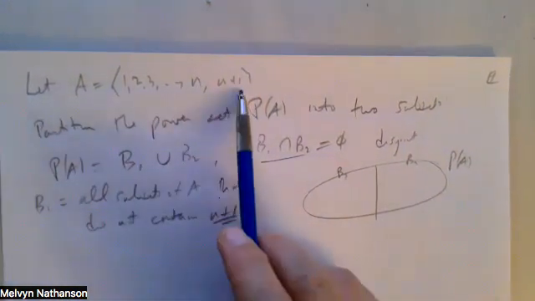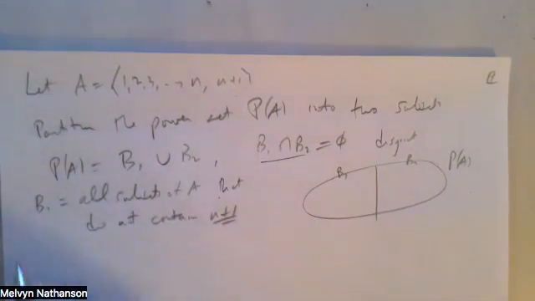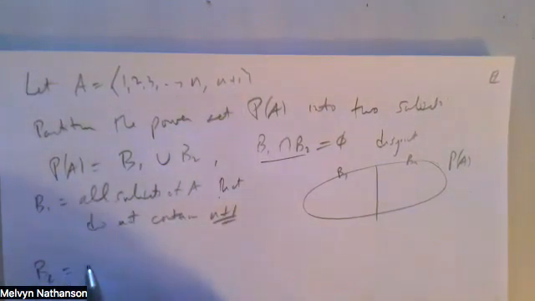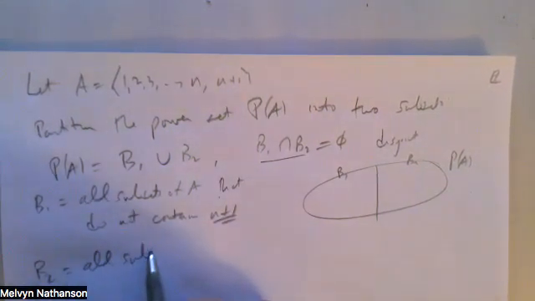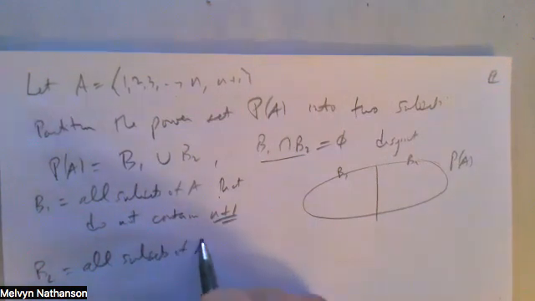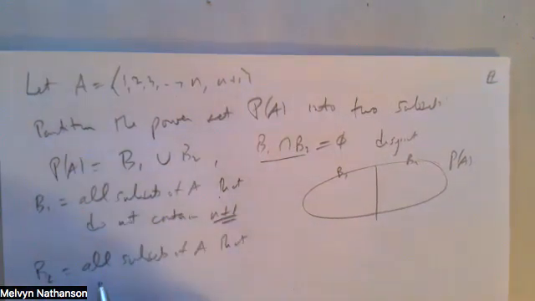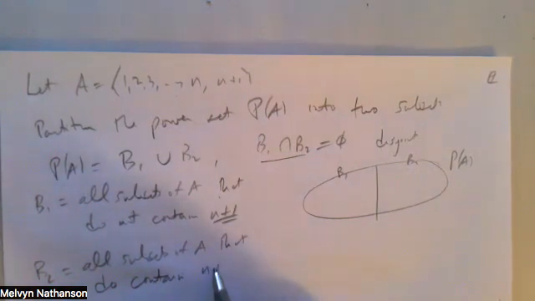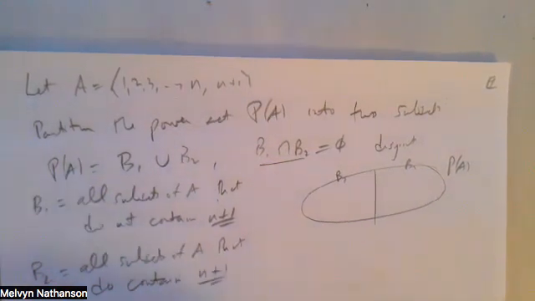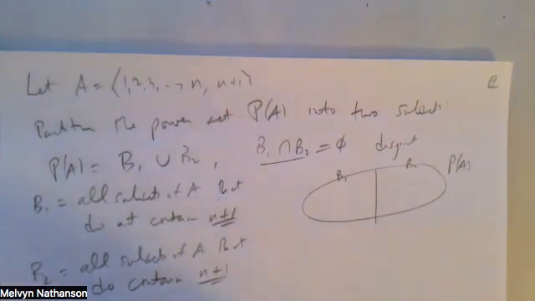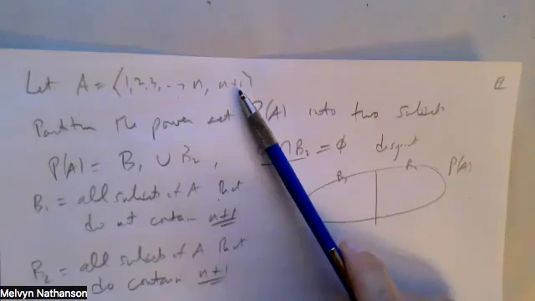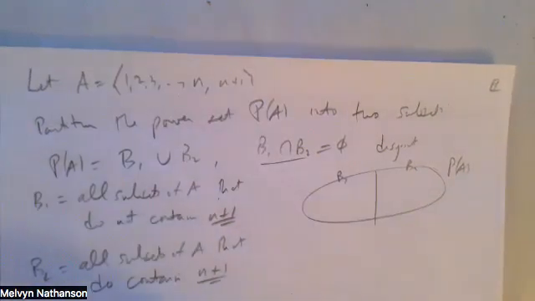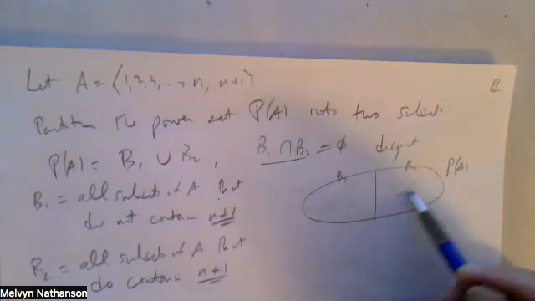So let B1 be all the subsets that do not contain n plus 1, and B2 be all subsets of A that do contain n plus 1. So clearly, every subset of A either contains n plus 1 or it doesn't. And if it doesn't contain n plus 1, it's here. And if it does contain n plus 1, it's here.